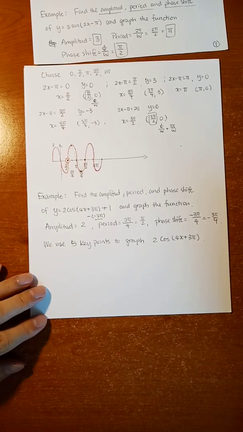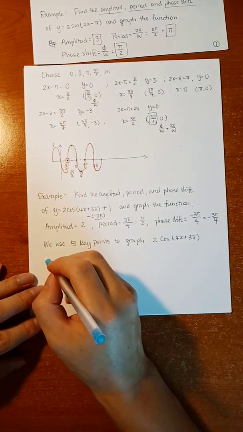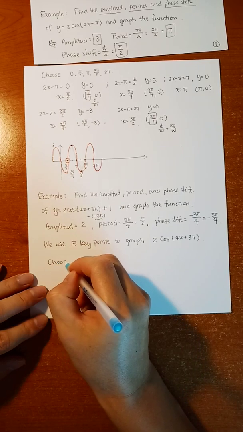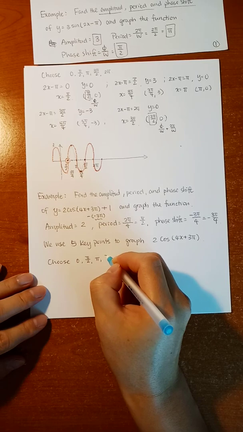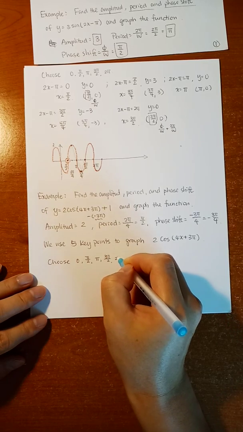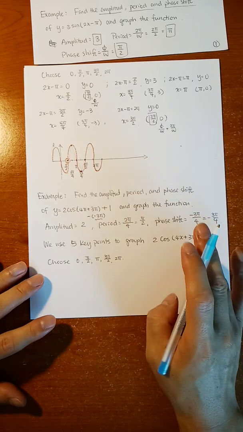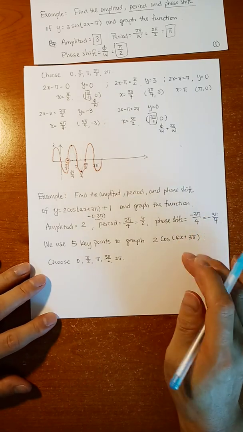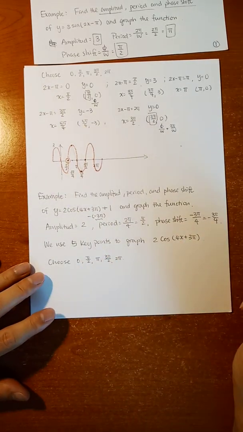Okay, now let's try to graph. In order to have 5 key points, remember we have those 0, pi over 2, pi, 3 pi over 2, and 2 pi. They are the target values. They are not the values of x. We have to find the corresponding x for each target.